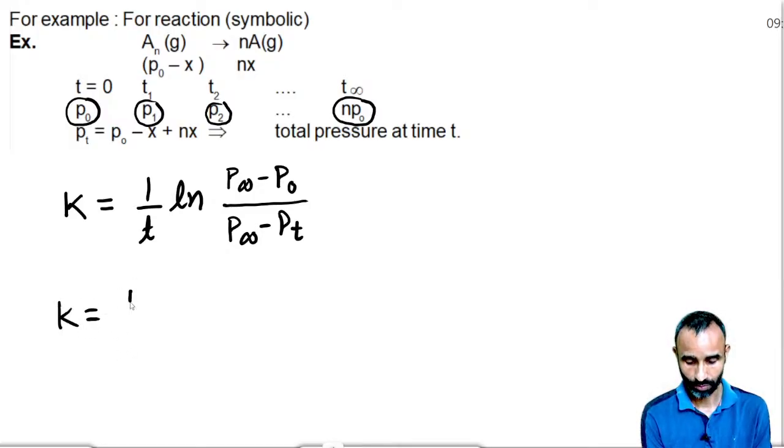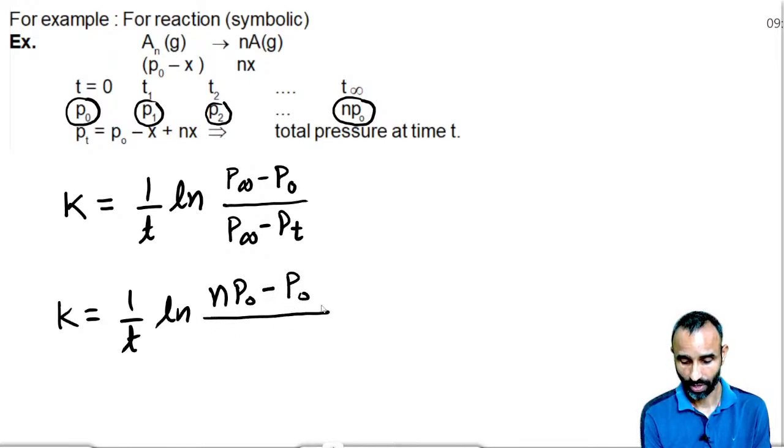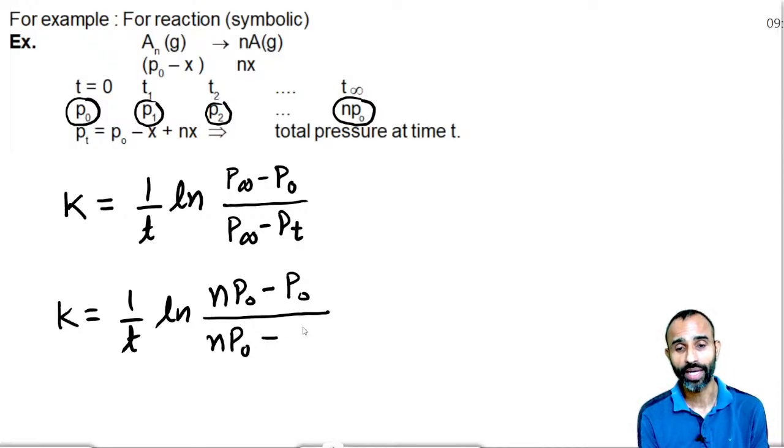So just put the values. Natural log of n P naught minus P naught divided by n P naught minus Pt, either P1 or P2.